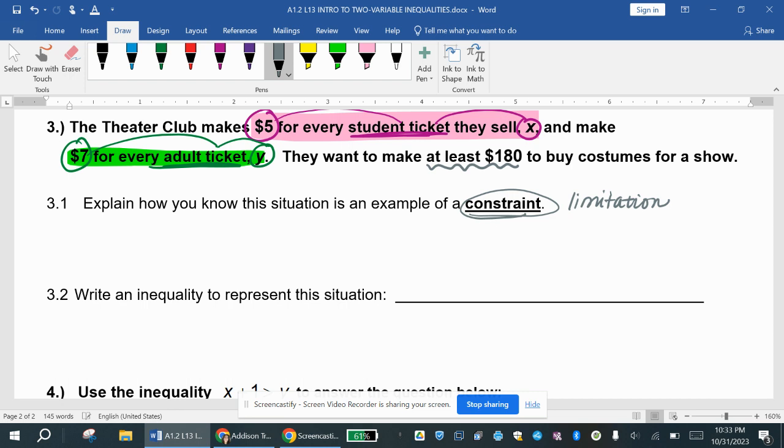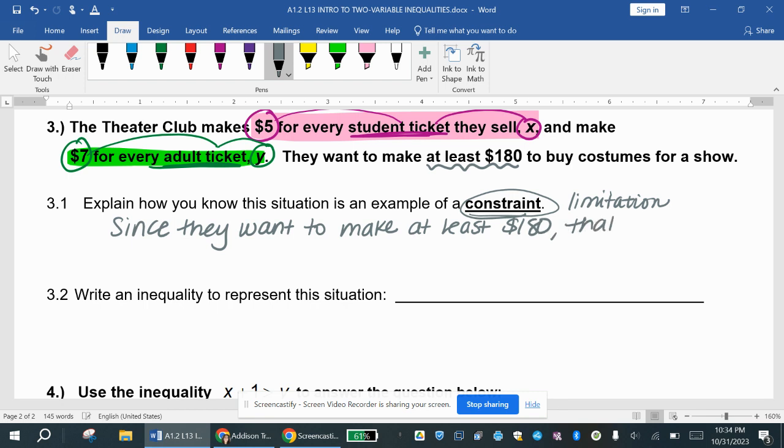So how do we know the situation is an example of a constraint? Since they used the word at least, so since they want to make at least 180, that shows a restriction or a limitation, okay?